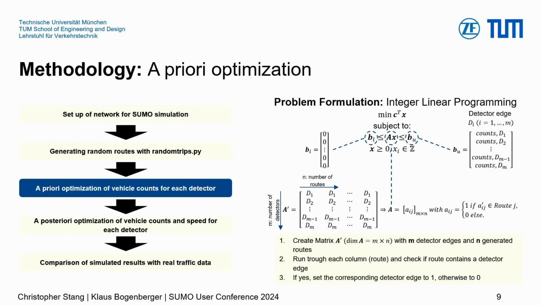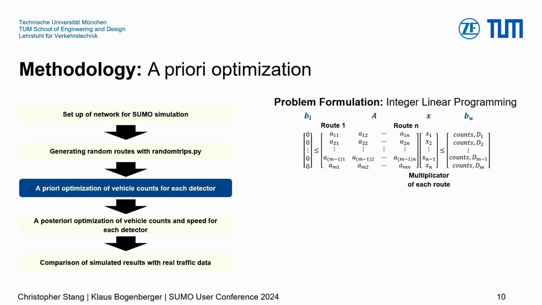Okay, with the definition of A, the decision variables X can be interpreted as the multipliers of each route, as I announced before. How often does every route have to be chosen to match the real vehicle counts?